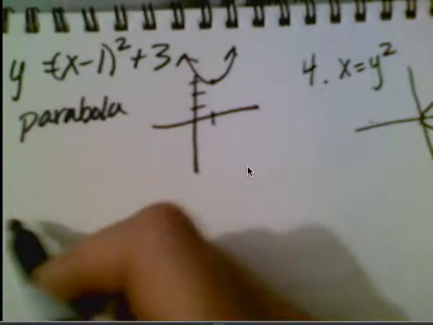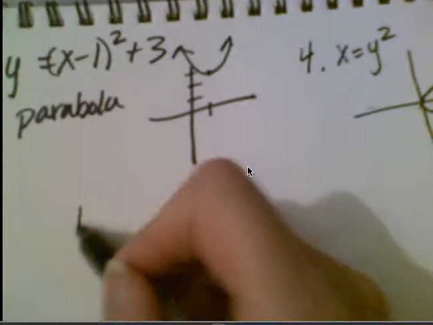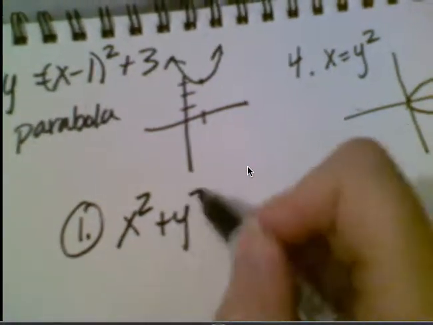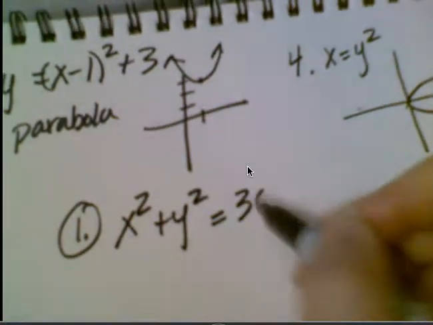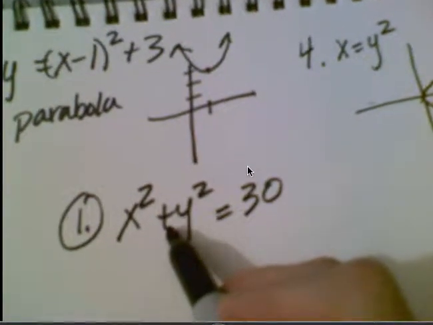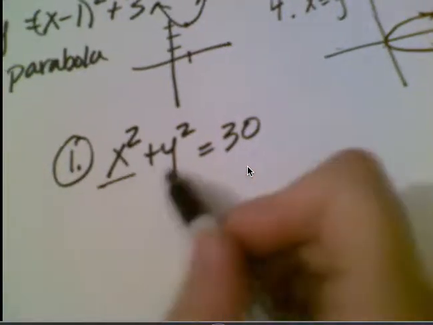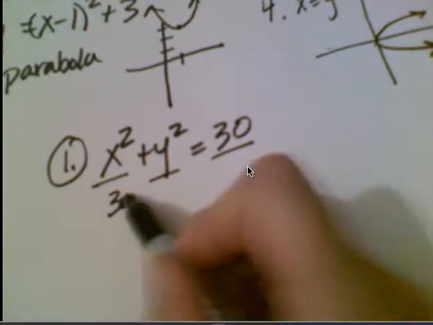So I'm going to look at number 1 real quick. It says x squared plus y squared equals 30. First of all, because of the plus, it's got to be a circle or an ellipse. Now it's not equal to 1, but I can make it equal to 1 by dividing each term by 30.